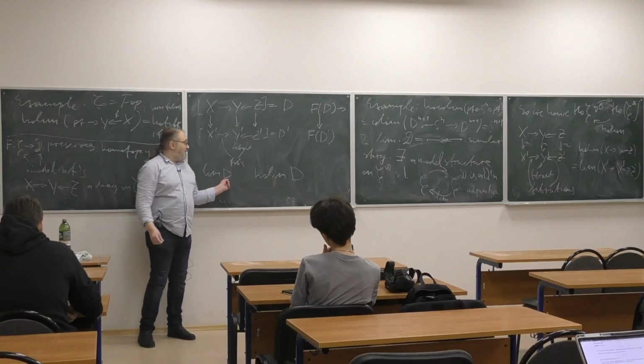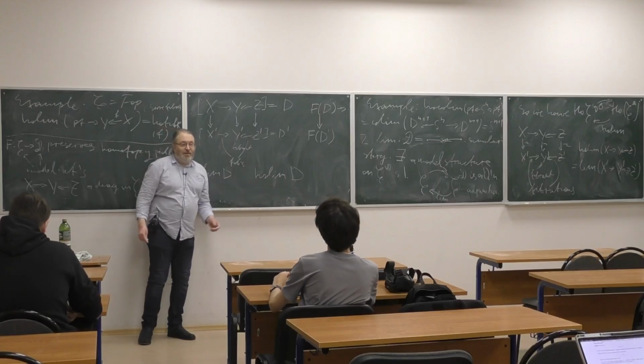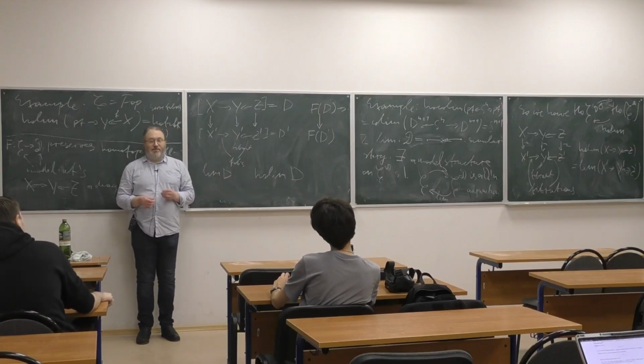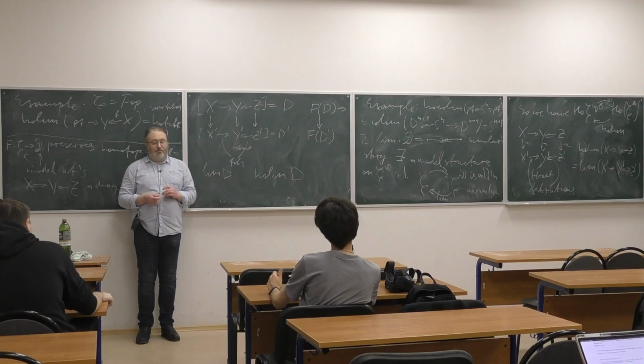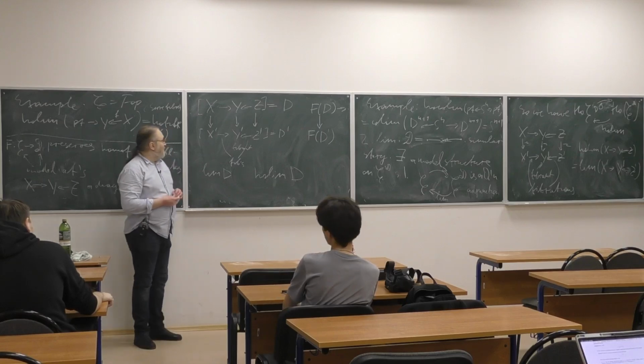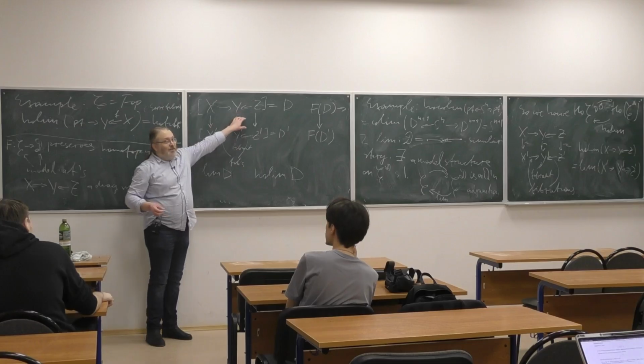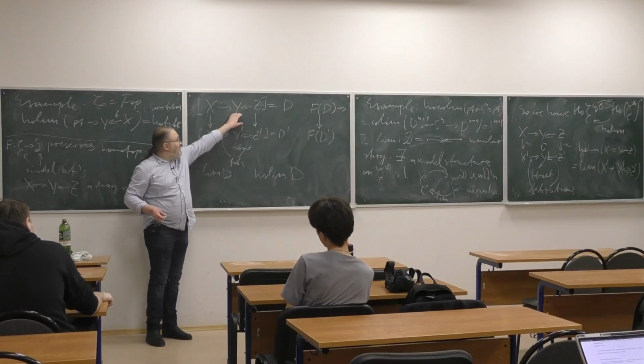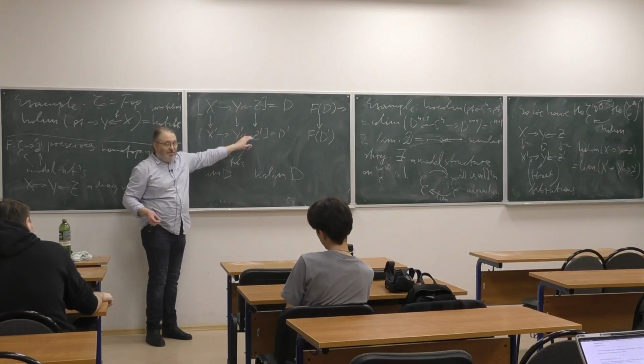My claim is I have a map between these. In which direction does the map go? As is clear from this diagram, the map goes from upstairs to downstairs.